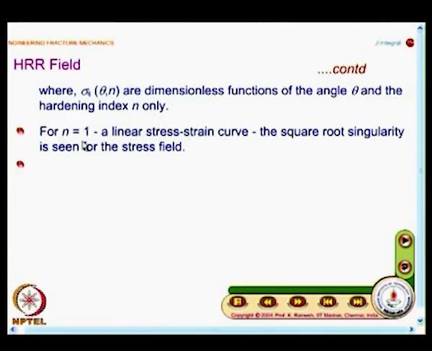When n equals 1, it represents the linear stress strain curve. Square root singularity is seen for the stress field. So, this is the indirect verification that what we have pictured as the possible values of stresses is indeed correct.